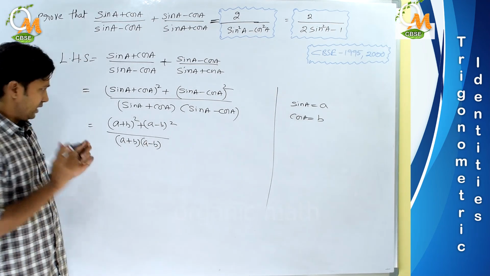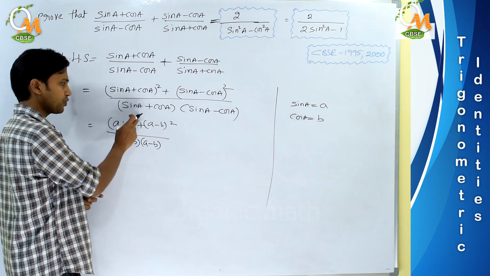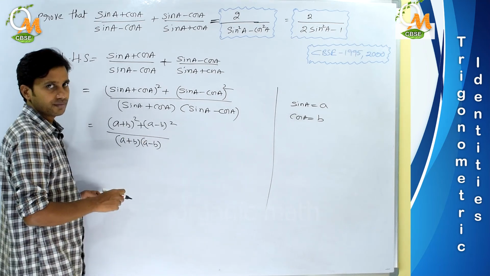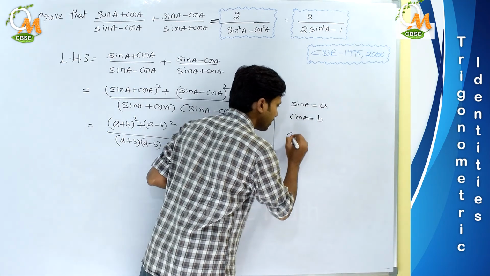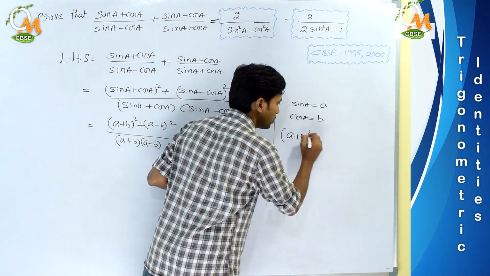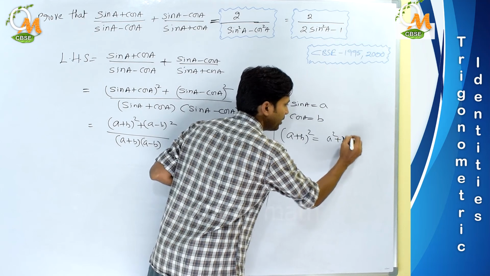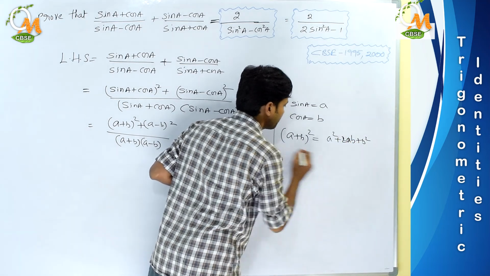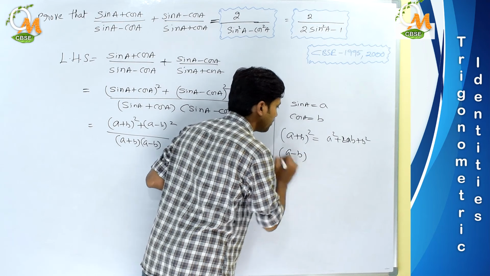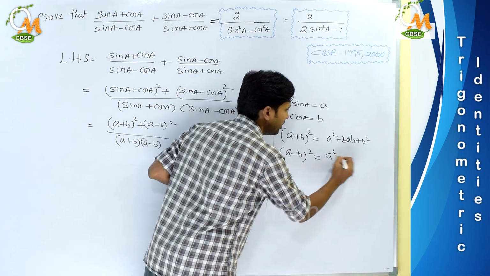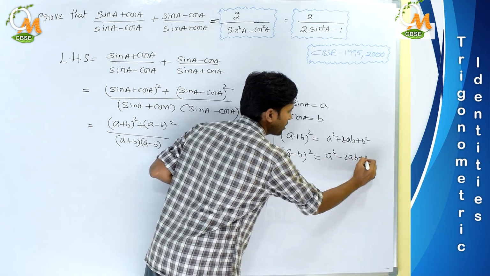Just see here, this is A plus B whole square and this is A minus B whole square. Write down the expansions. A plus B whole square equals A square plus 2AB plus B square. And A minus B whole square would be A square minus 2AB plus B square.